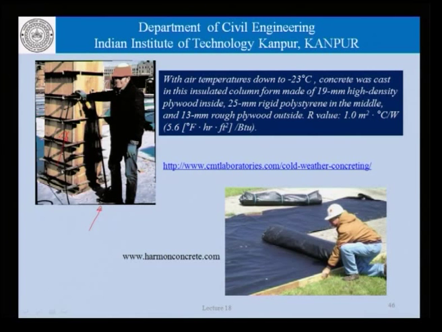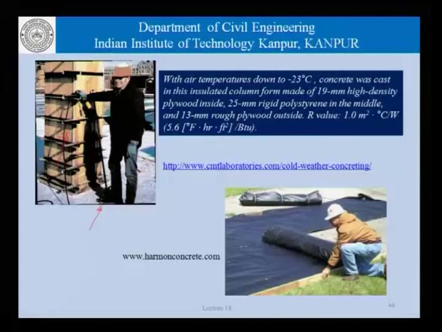So, the formwork used in the columns here is specially designed. It is not simply a timber or a steel plate, but specially designed insulating formwork which has two layers of timber or plywood filled in between with something else. The picture on the bottom here shows the spreading of blankets or insulating sheets.